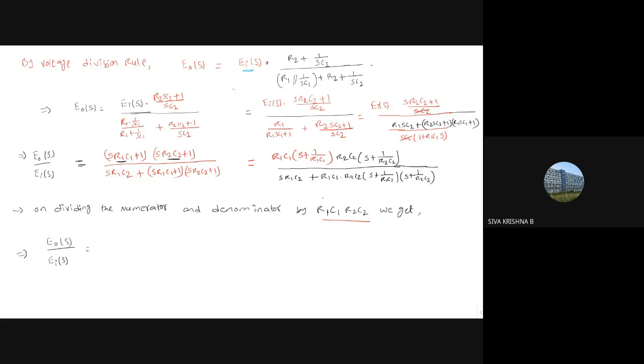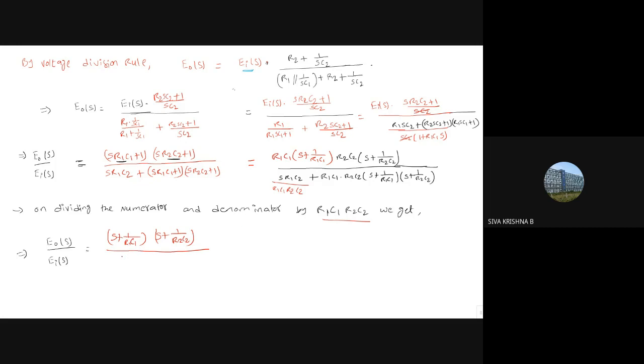In the numerator, the left part is, what is the left part there? S plus 1 by R1 C1 is there, and the second product term is S plus 1 by R2 C2. Okay, all divided by here. If you take R1 C1 R2 C2, R1 C2 gets cancelled. R2 and C1 remain there.